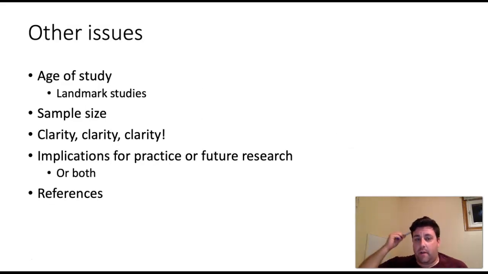A couple of other issues to consider when you're appraising studies. You should look at the age of a study. 10 to 15 years is sort of a good heuristic. There are, though, lots of exceptions. Sometimes there are just landmark studies in a field, and they just get cited for decades and decades and decades.